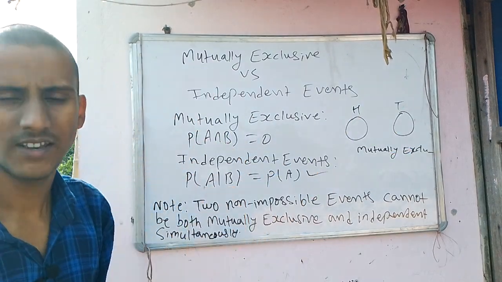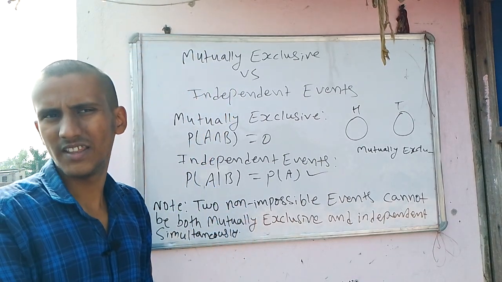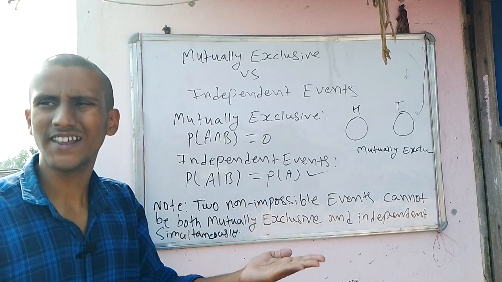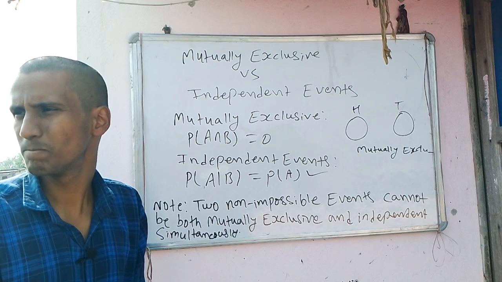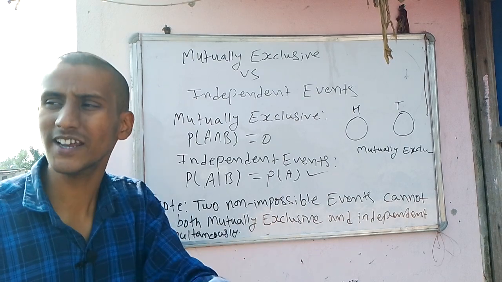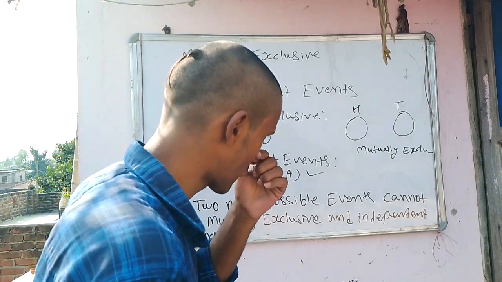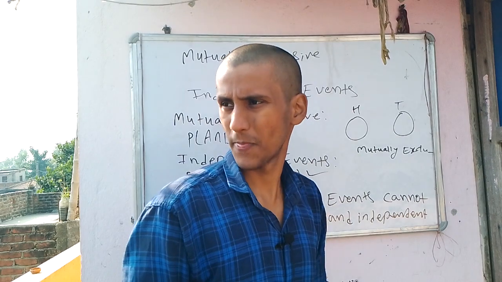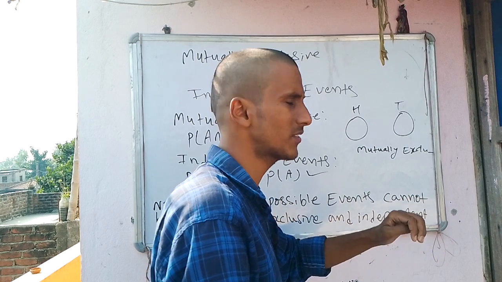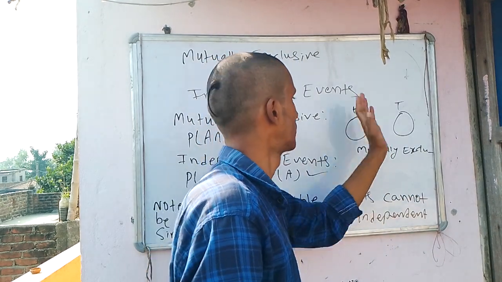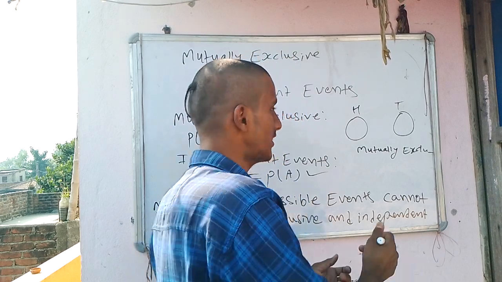Let's say we toss a coin, and given that head occurs, the probability of tails occurring is 0. I'm not talking about the second toss, I'm talking about the same first toss. In the first toss, if a head occurs, the probability of T automatically becomes 0. It means they are dependent.